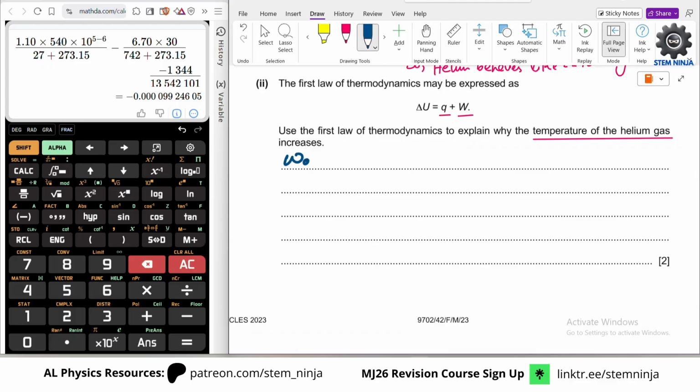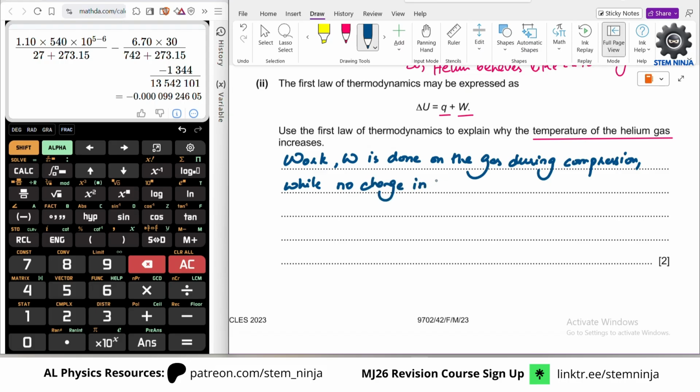So let's say work W is done on the gas during compression, while no heat or thermal energy Q enters or leaves the system.